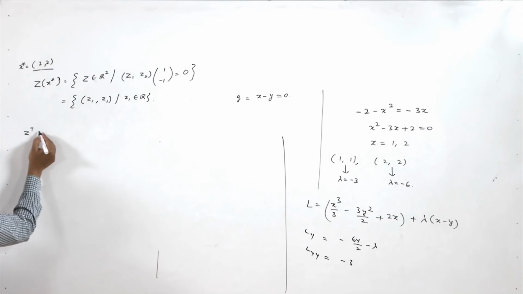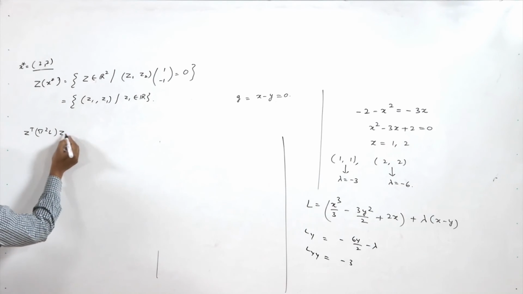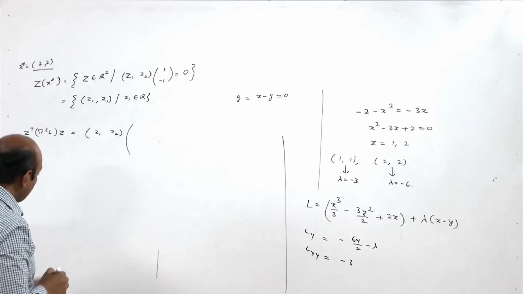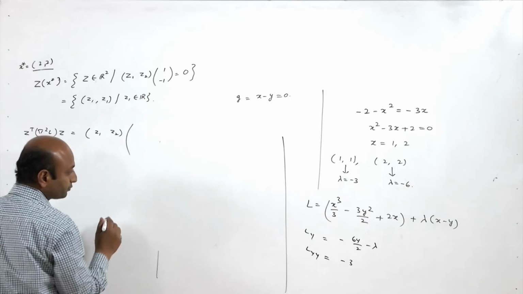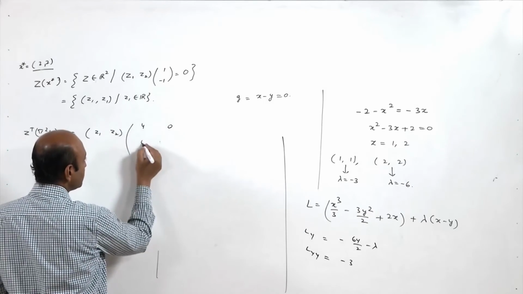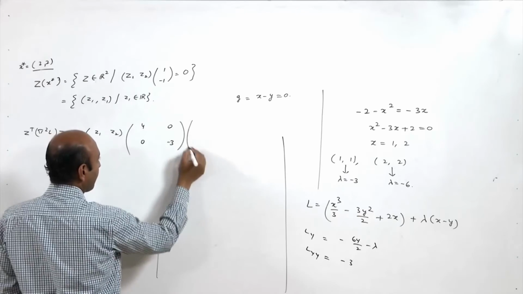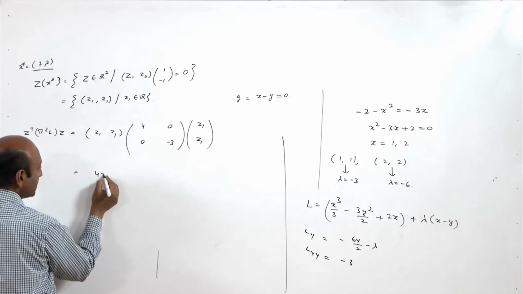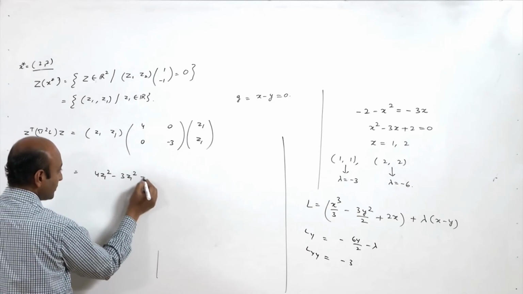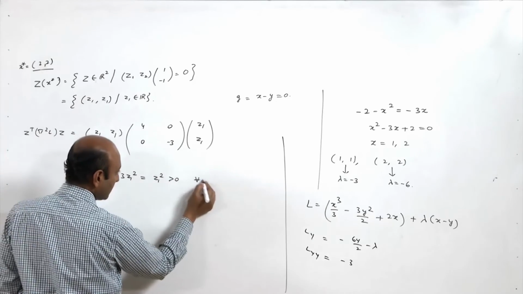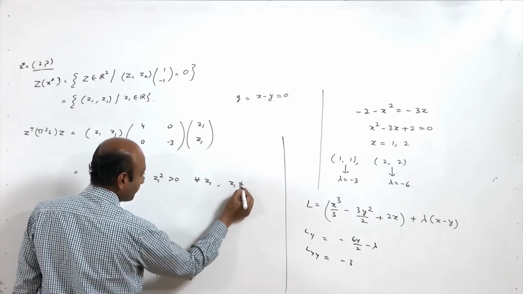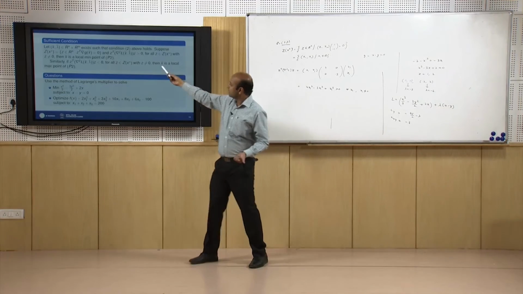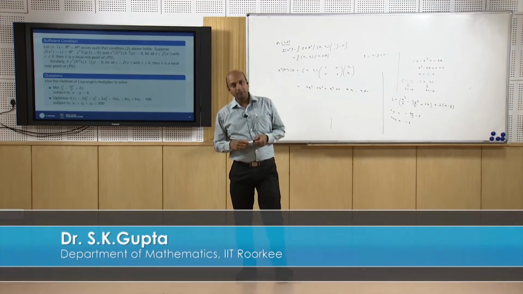When you find Z transpose Hessian matrix of L with Z, this is Z1 Z1. Now the Hessian matrix of L at 2 comma 2 will be 4 0 0 minus 3, and Z1 Z1, because both are the same. So it is 4 Z1 square minus 3 Z1 square, which is Z1 square, which is positive for all Z1 not equal to 0. So this is positive, which means the first condition holds, so this is a point of local minima.